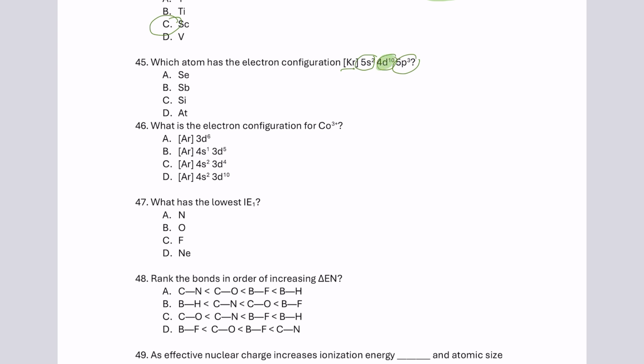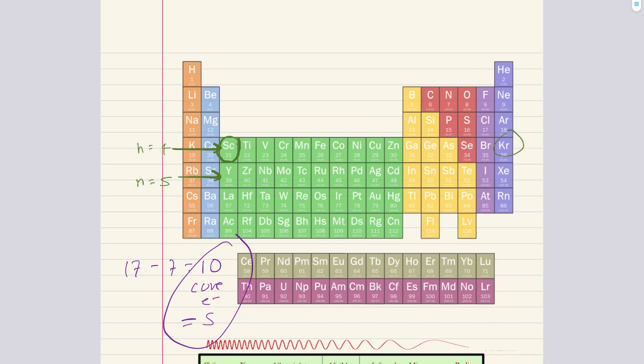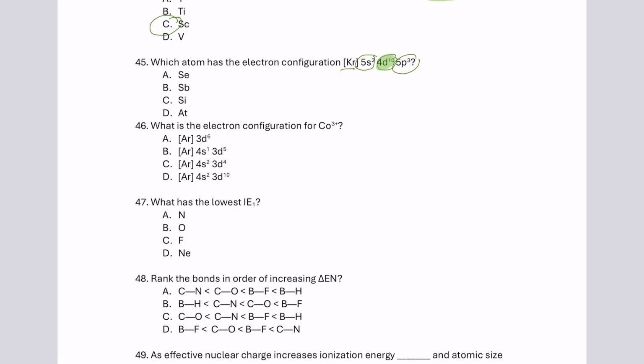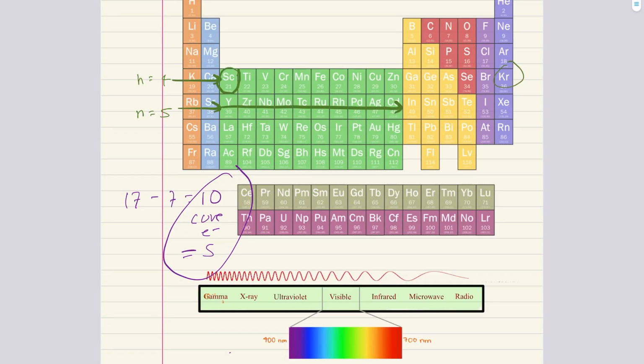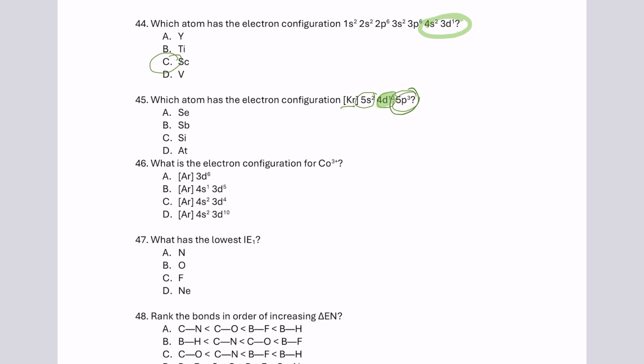Then 4d10 is filled, so we make it through the whole 4d block. And then the last orbitals that are filled are the 5p orbitals, 5p3. So that's 1, 2, 3, we land right here. So that is our atom of interest, and that means the correct answer for 45 is B.